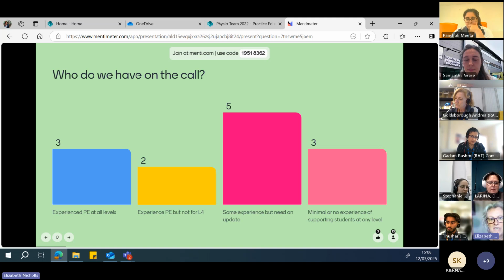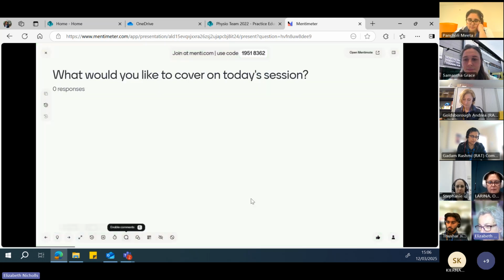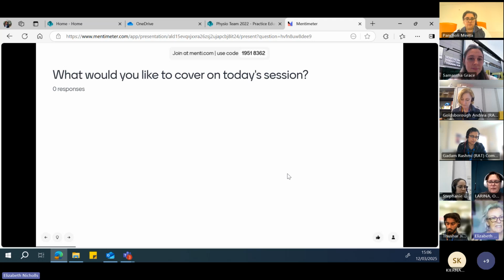If you're used to using Teams, you'll see at the top of the screen there should be a little hand symbol. If you want to click on that symbol, it will highlight your picture and we'll come to you with a question. Equally, if you want to type a message into the chat, our lovely Sam is monitoring the chat. So if there are questions or any comments that you just want to throw in, please feel free to do so. So moving on to our next Menti question then, this is a bit of a free-form question.